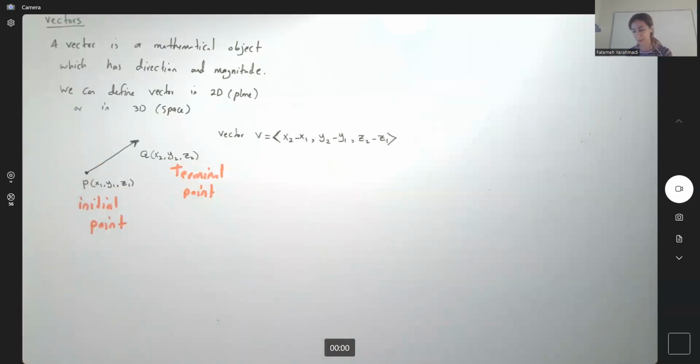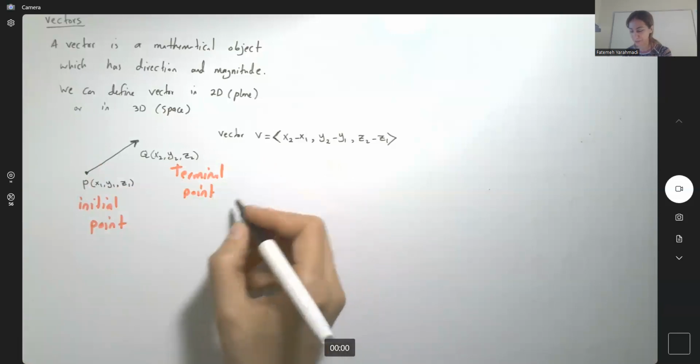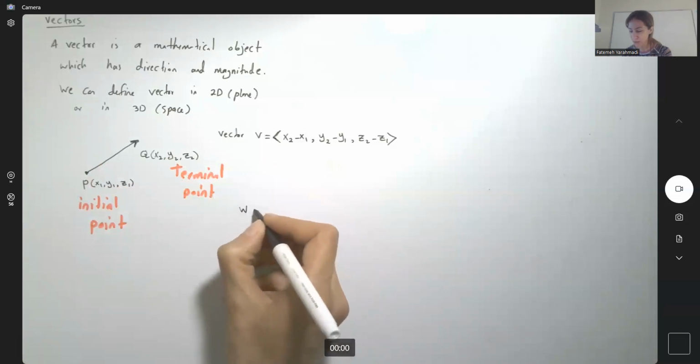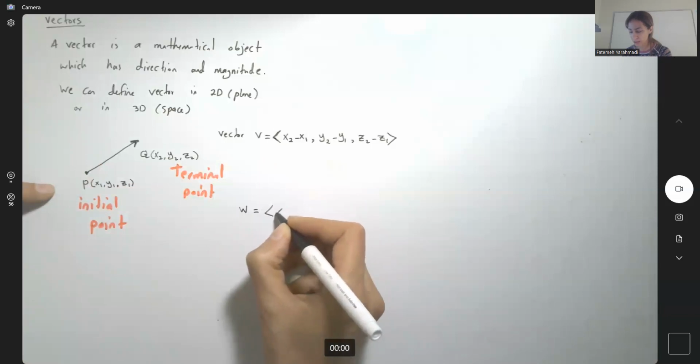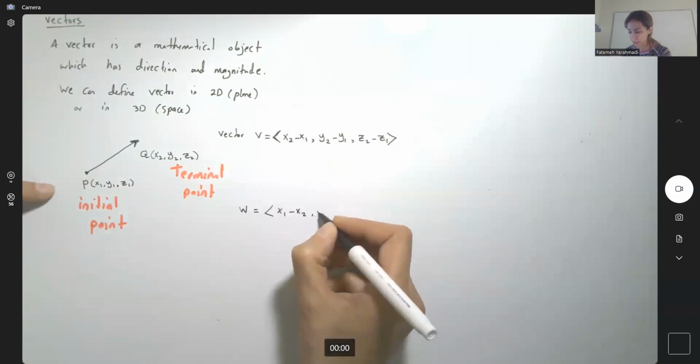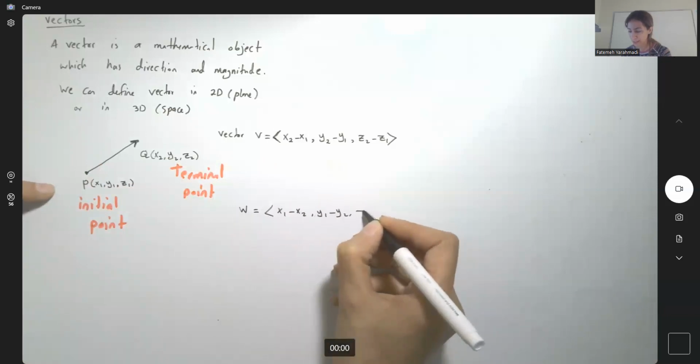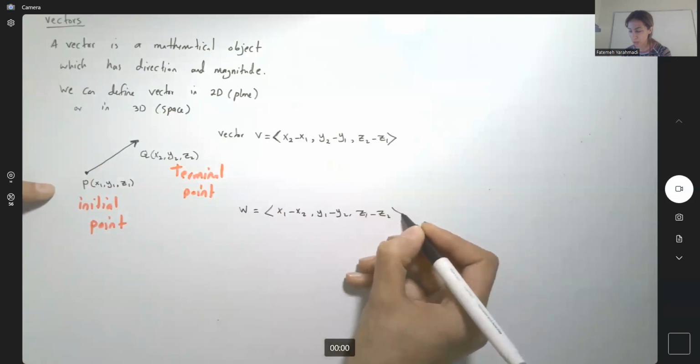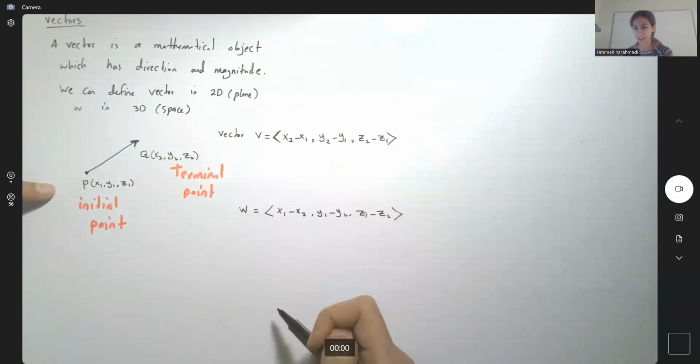Please note that if you write it the other way, like vector W, and write it as x1 minus x2, y1 minus y2, and z1 minus z2, well, they're going to be opposite of each other.